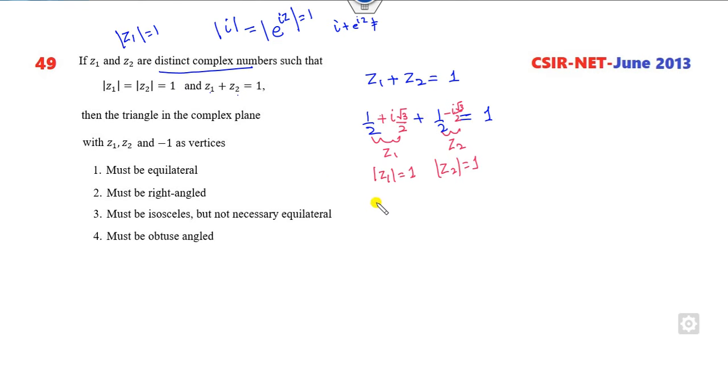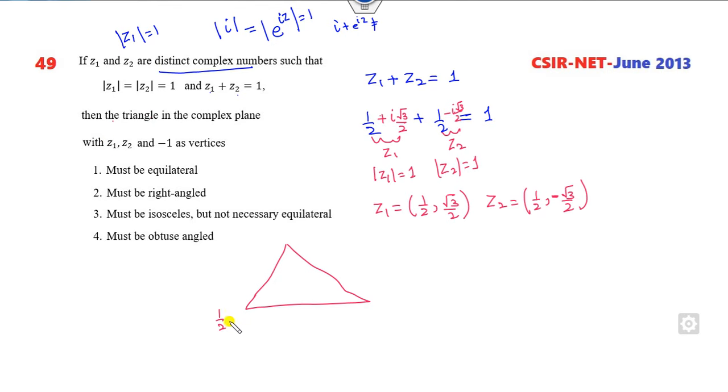So what are the coordinates of Z1? Half, root 3 by 2. Coordinates of Z2, half, minus root 3 by 2. And then it forms a triangle. So we can make a triangle with half comma minus root 3 by 2, half comma plus root 3 by 2, and minus 1.